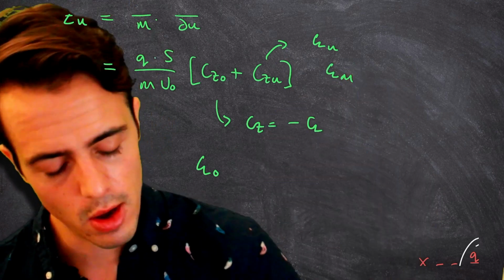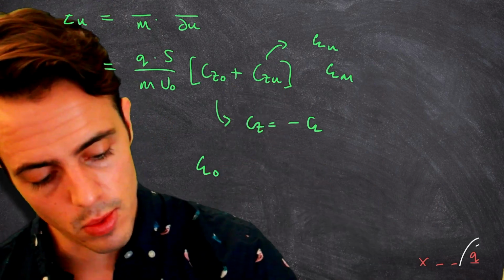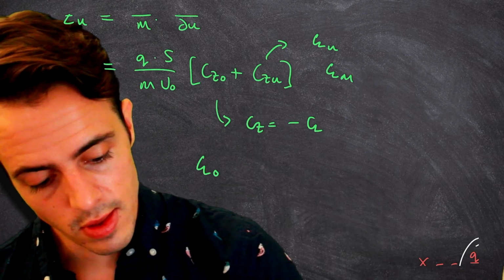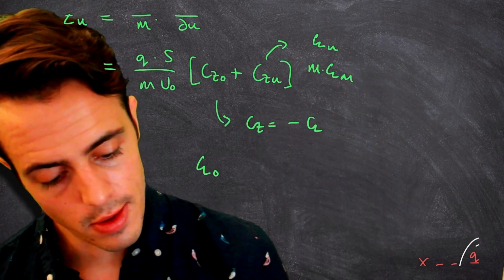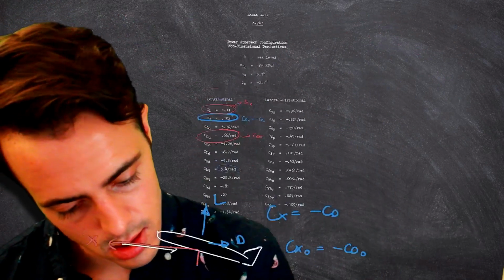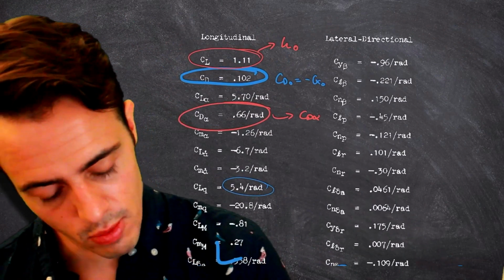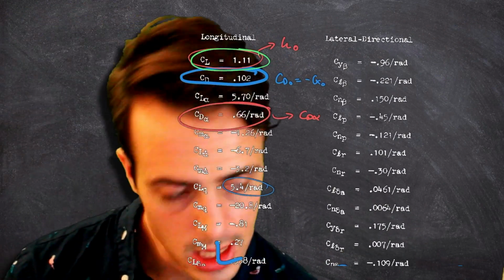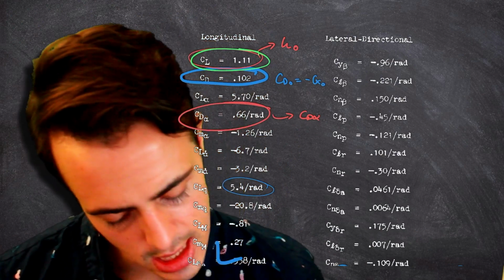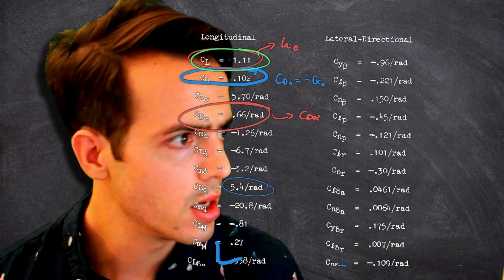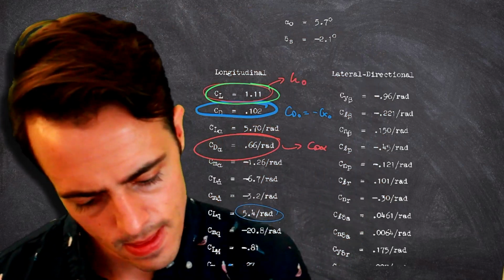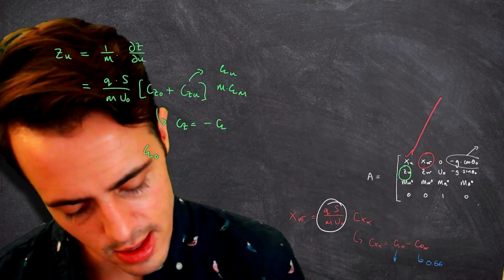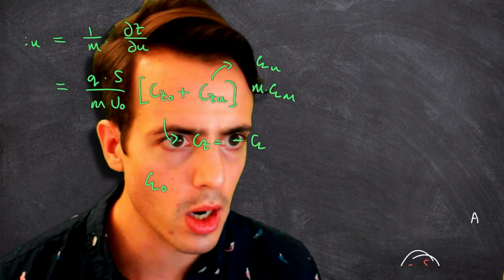If we have either of those, we can include them here, Mach number multiplied by CLM. So let's go over here. We've got CL, which is 1.11, which we know already. And then the other term that we need is, no, I've made a mistake there. CZU, it's CLM that I want.